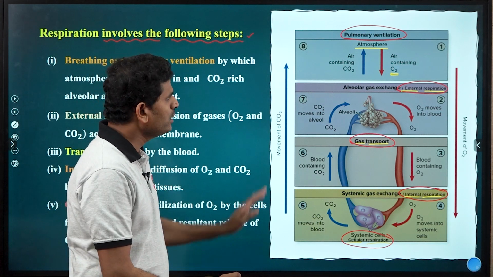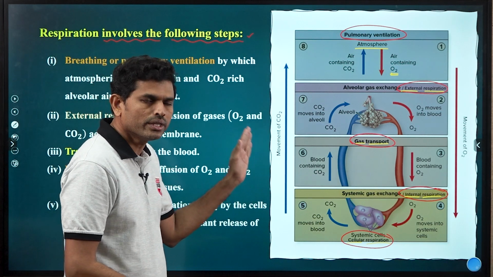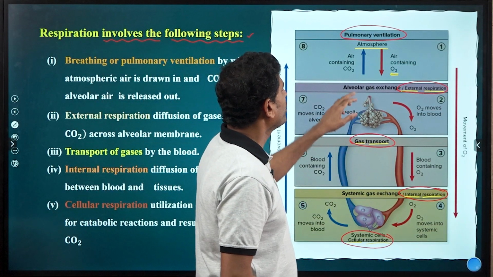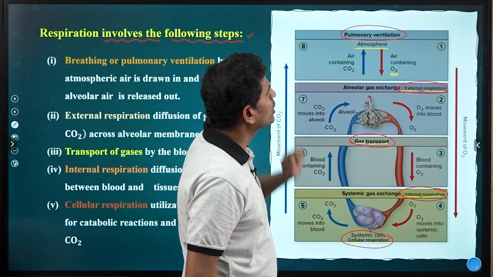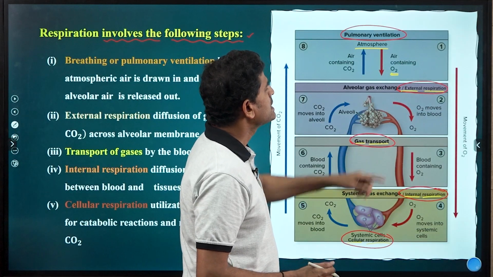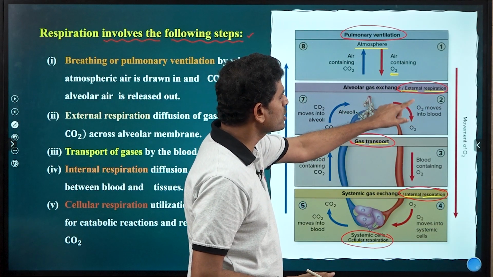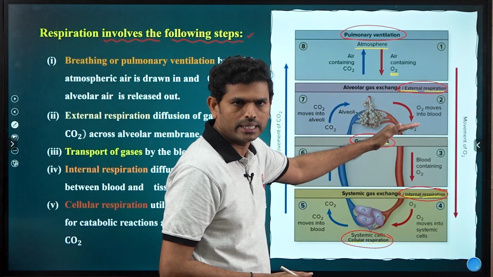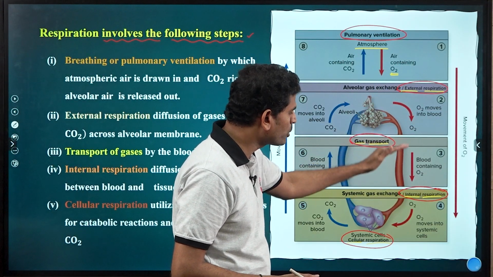Okay, again briefly I am saying that, because this is an order based question, compulsory they may ask that, important. First step is pulmonary ventilation or breathing बोलते. Second step is external respiration, which occurs between the alveoli and blood. Third step is transport of gases.